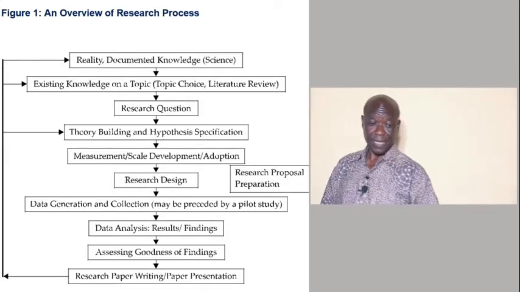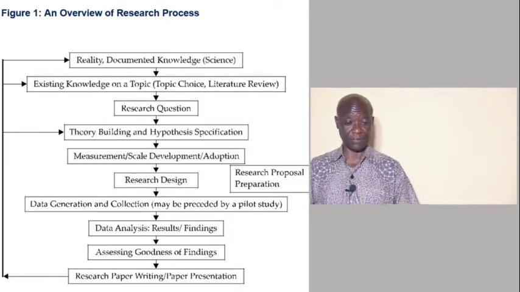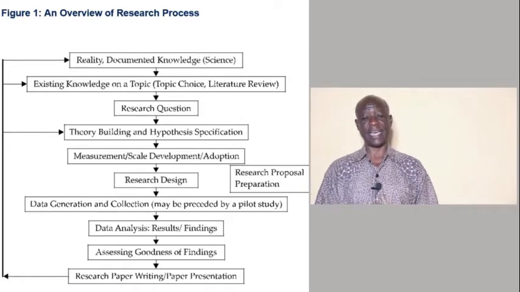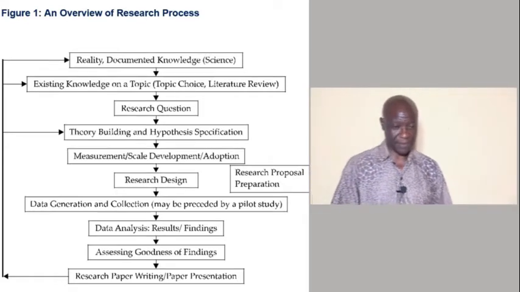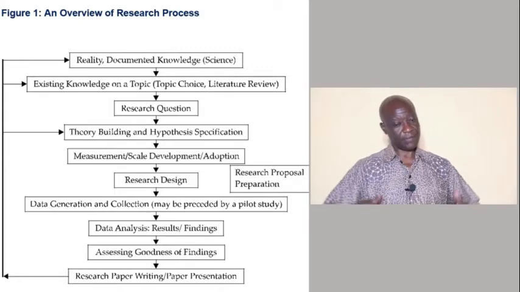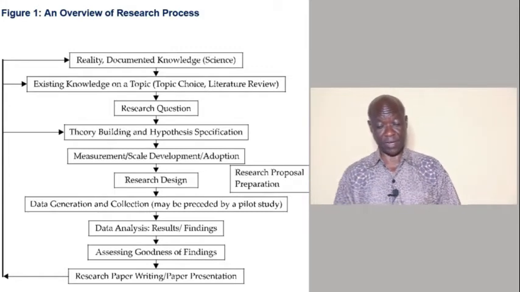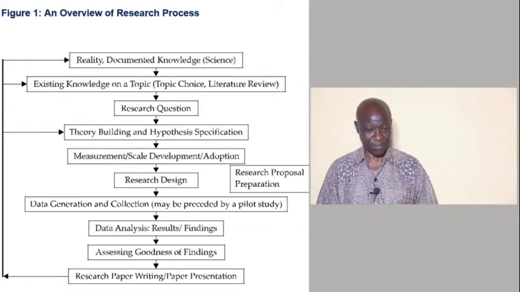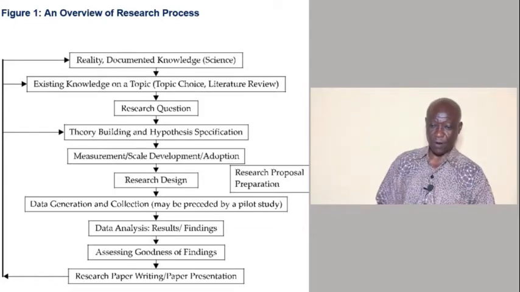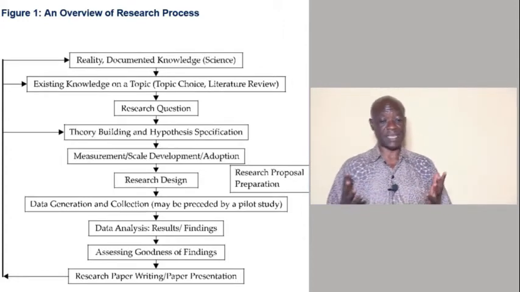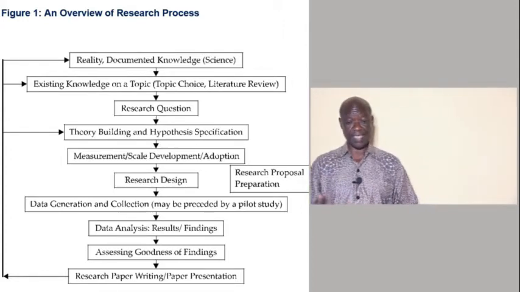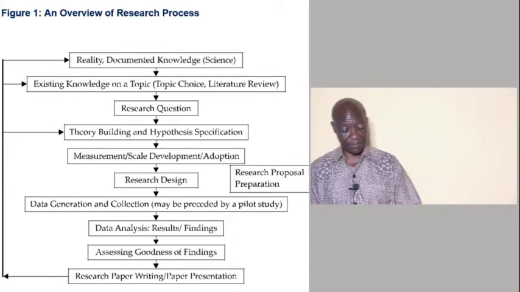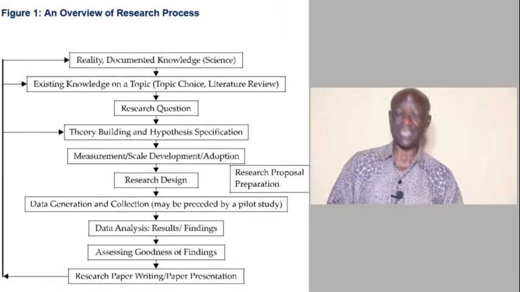So, ladies and gentlemen, as you can see, finally, the last part of an academic research paper describes the implications of the study findings for the theory from which the hypotheses were derived for testing, for the existing knowledge about the phenomenon under examination, and for future research and practice. And this brief description of the contents of a typical empirical research paper describes the correspondence between the sequence of research process steps and the structure of an empirical research paper, ladies and gentlemen.